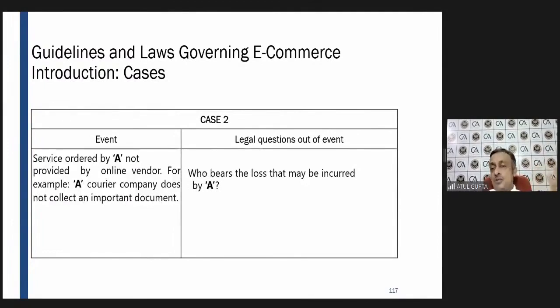Who bears the loss? The deliveries are delayed. Just an example, we have tenders and companies applying for a tender, and the courier guy doesn't come. The due date, it was a 10 crore rupee tender. Who bears the loss? So this is again a legal question which arises from this e-governance concept.